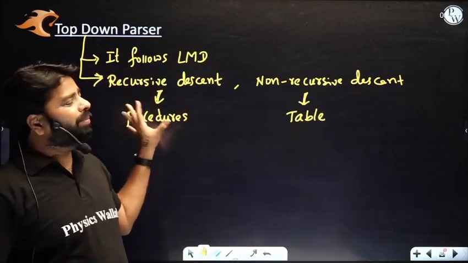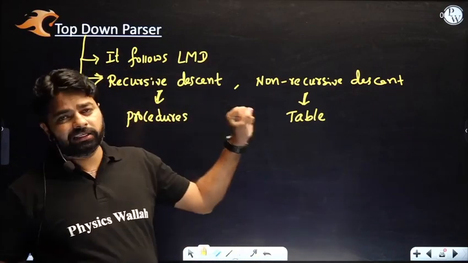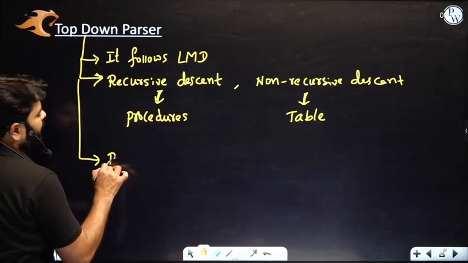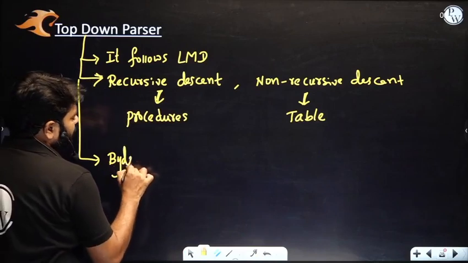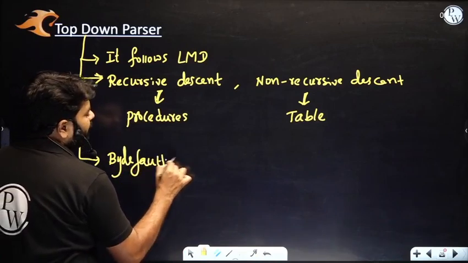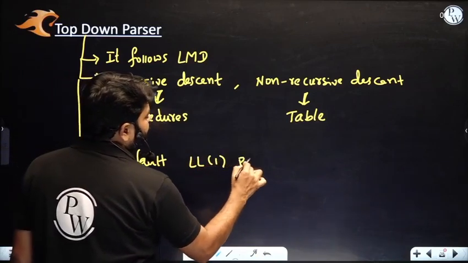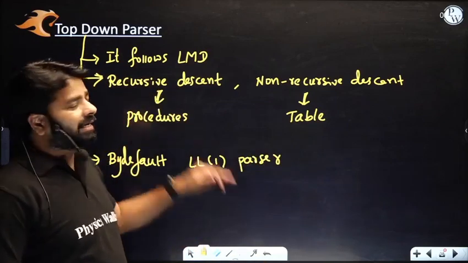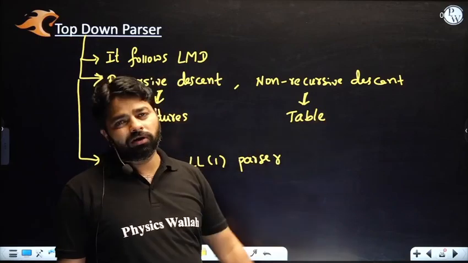By default, we use LL1 as the top-down parser. This LL1 parser can be implemented as recursive descent or as non-recursive descent.